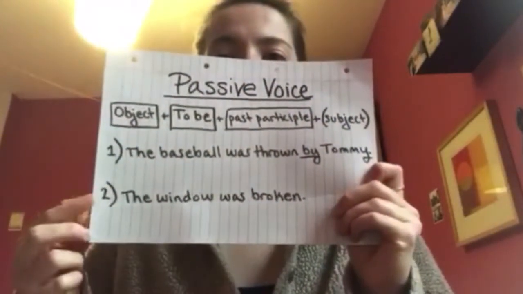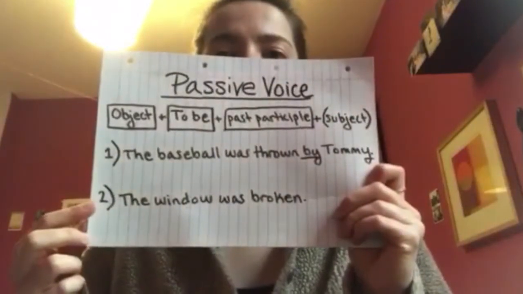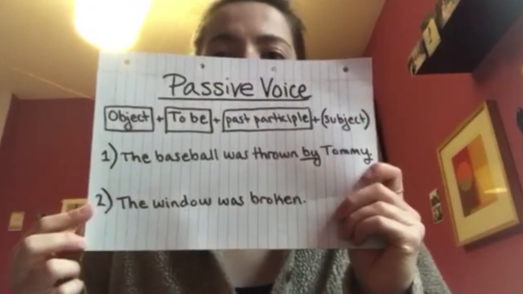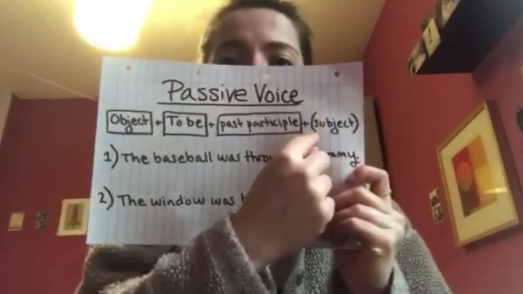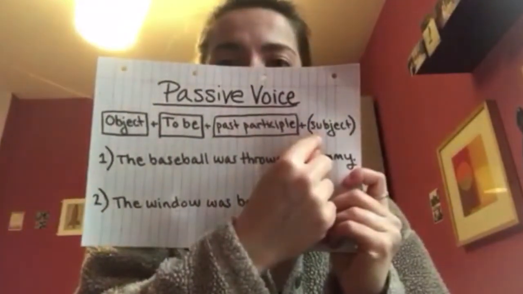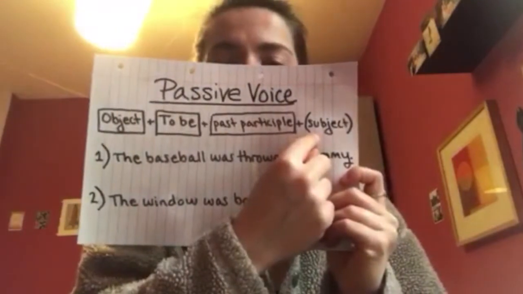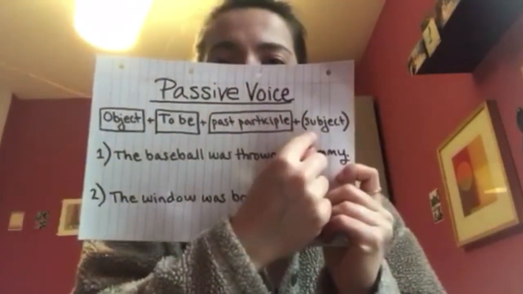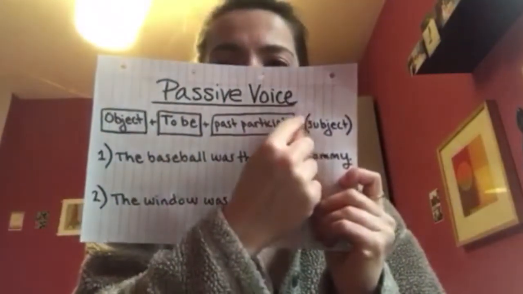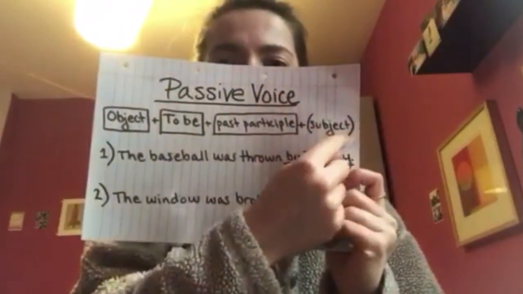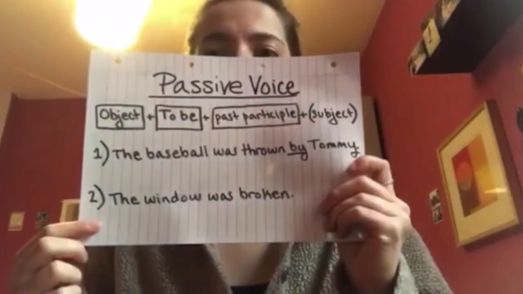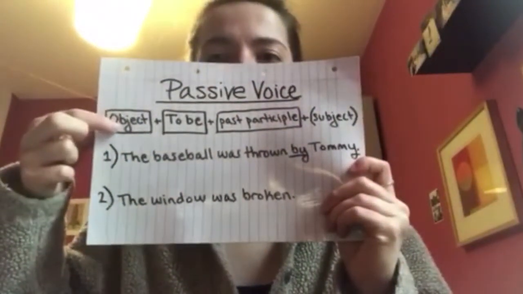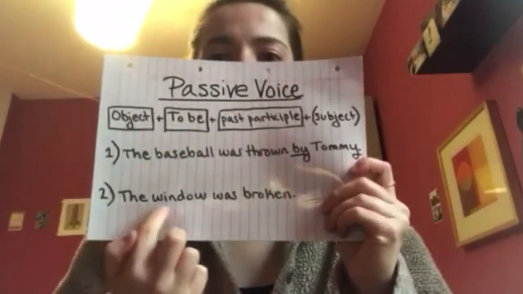Now we have example number 2. In example number 2, we don't know who did the action, which means we don't know the subject. So it's okay in the passive voice not to include the subject. That's why it's in parentheses. Let's look at example number 2. First we have the object, which is the window.